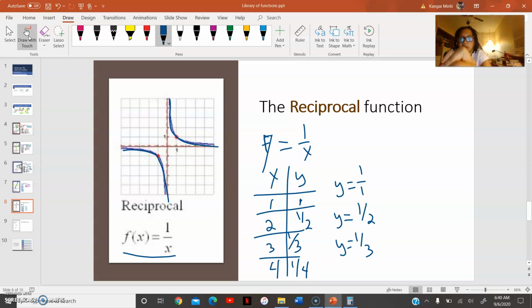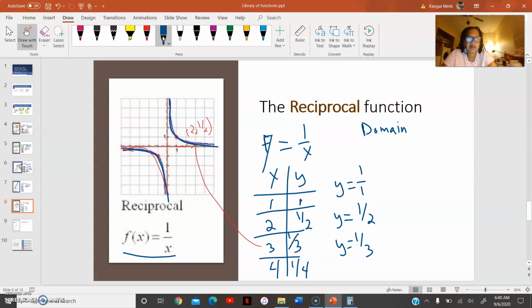We're seeing these points here: 1, 1; 2, 1/2; and so forth; 3, 1/3. Those y values are getting smaller and smaller on this side. And the same thing is going to happen on this left side if we put in negative numbers. This is a function we'll talk about more when we get to rational functions later in the semester, but we certainly want to be familiar with this now.